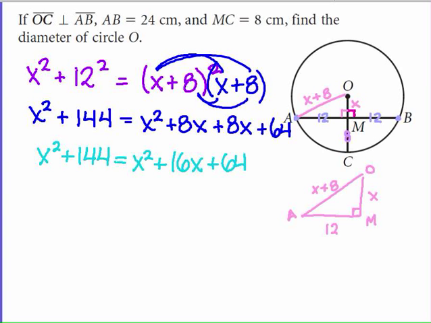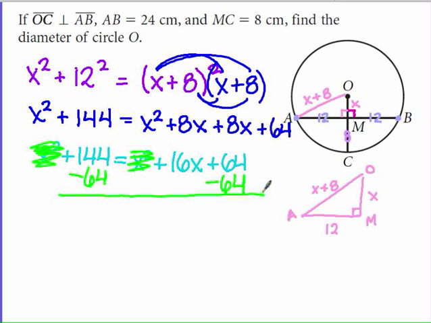What do you know about your x squareds? They cancel, because we have one on each side, right? So let's go ahead and get rid of those. Now I have to solve it for x. So to solve that for x, what am I going to do? Subtract 64 from both sides. So what's 144 minus 64? 80. 80 equals 16x.